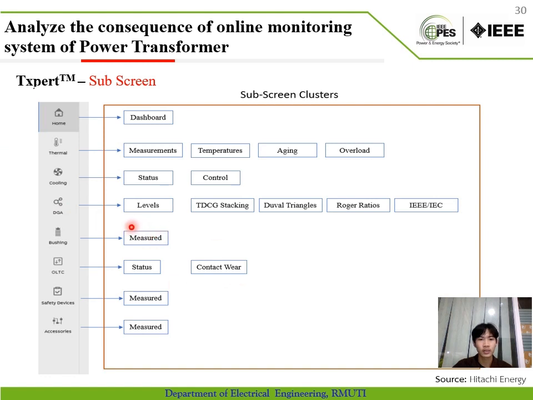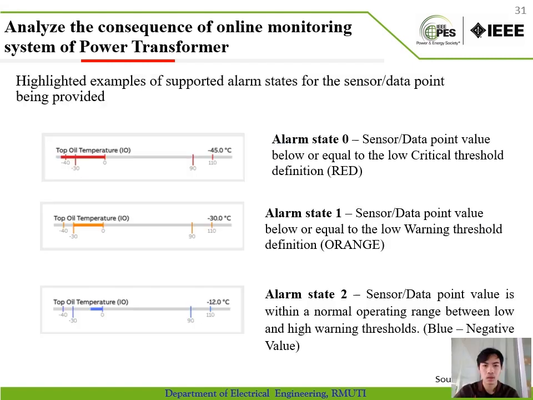Bushing visualizes the scan and data by online on-load temperature, along with status and protection, and safety device and accessory visualize the measurements from any digital sensor that we implemented on the power transformer.